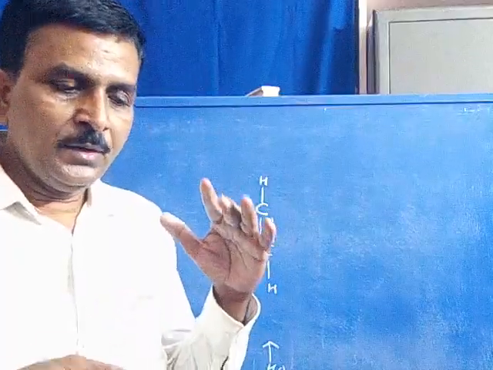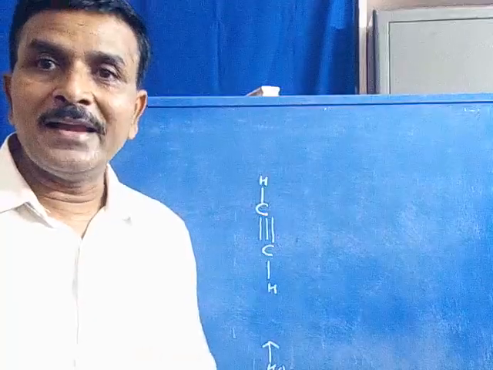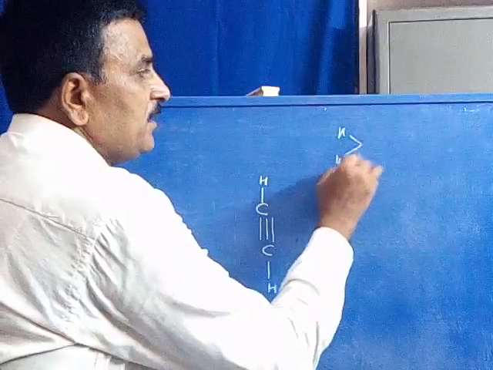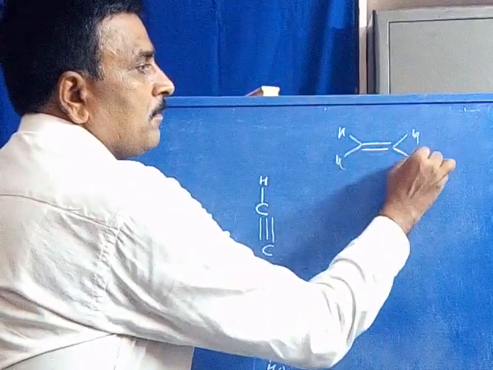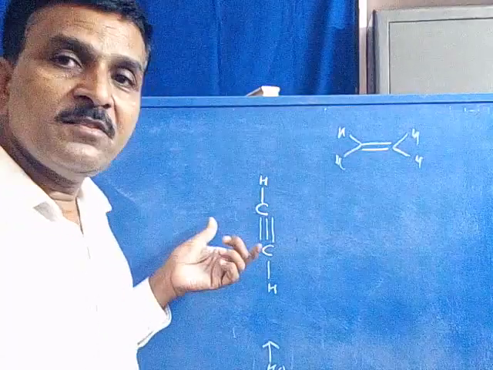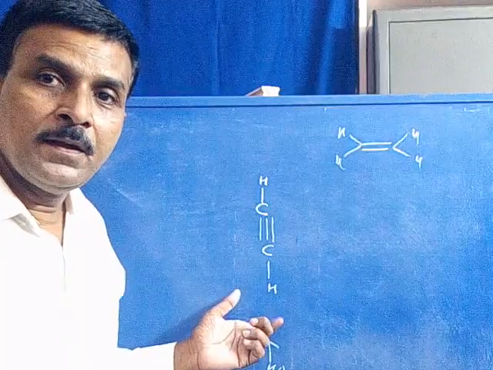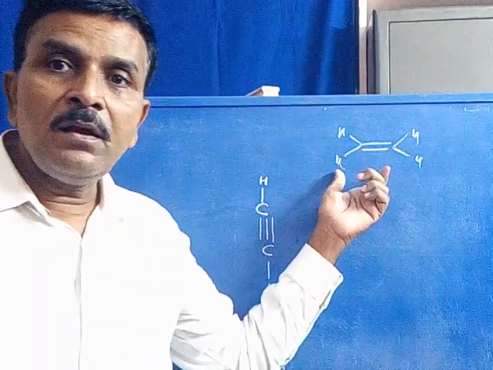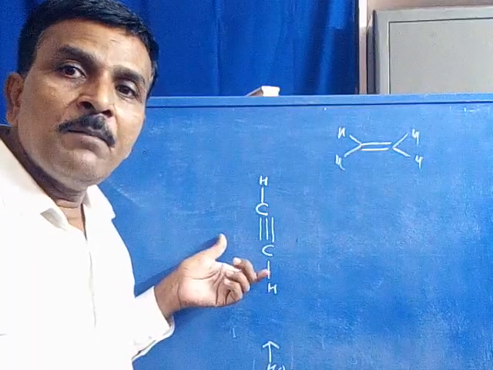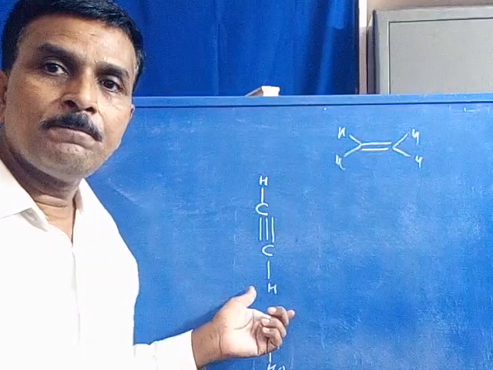Now you can observe the difference: in the case of alkene, the molecule is oriented in plane like this, whereas in the case of alkyne, the molecule is oriented vertically. That is, a planar molecule is always oriented in plane, and a linear molecule is always oriented linearly or vertically.